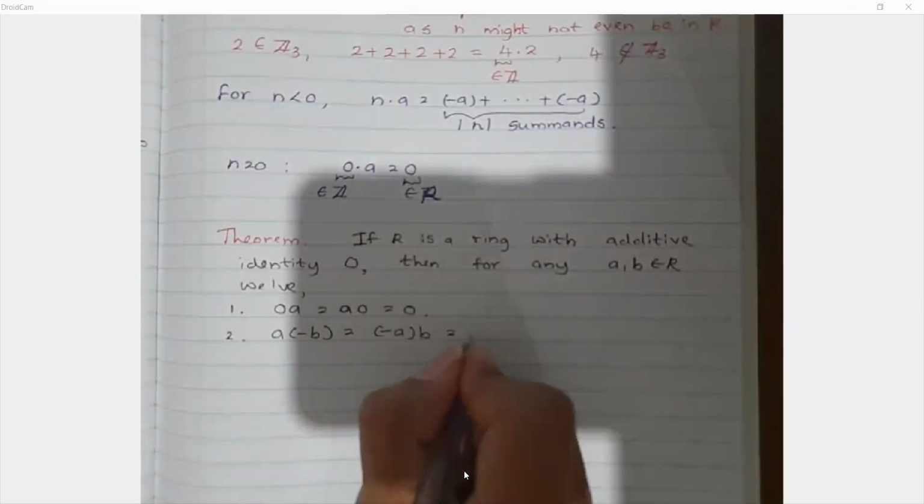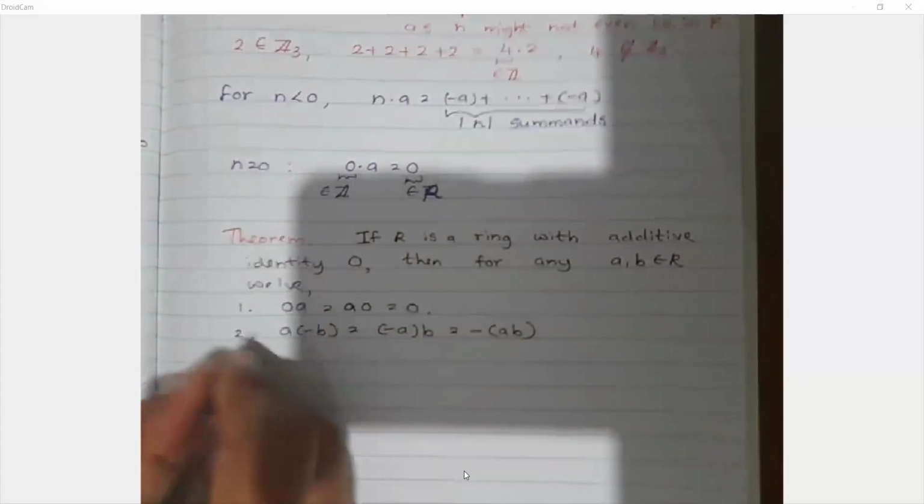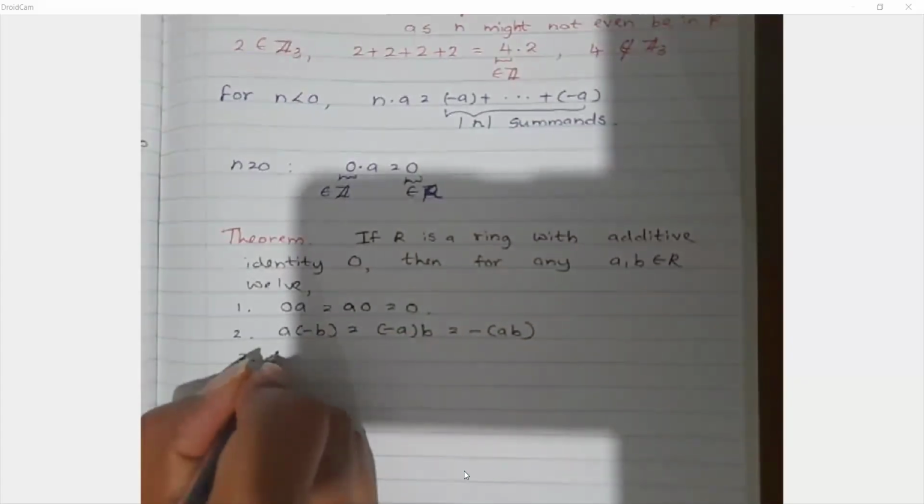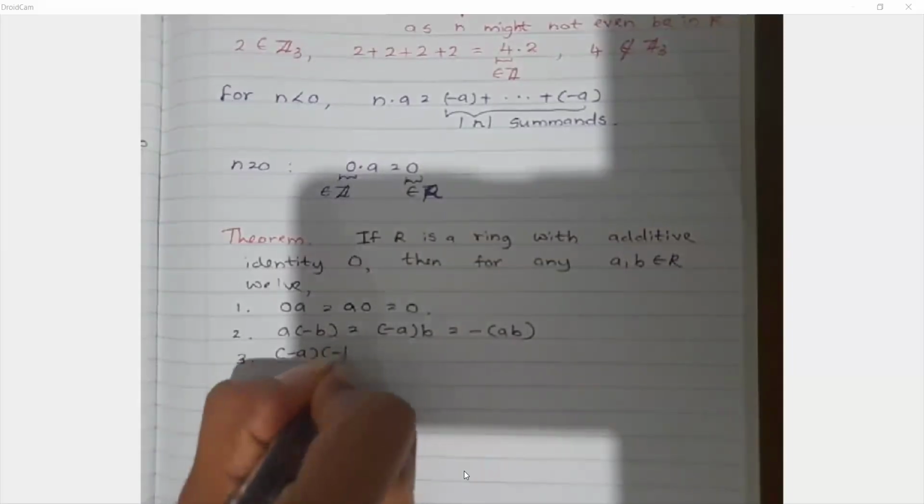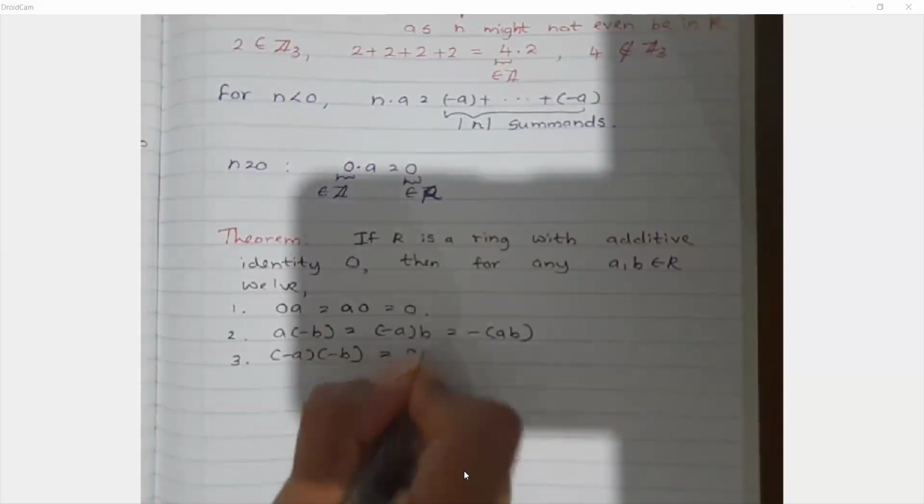Negative A times B equals negative AB. Negative A times negative B is equal to AB.